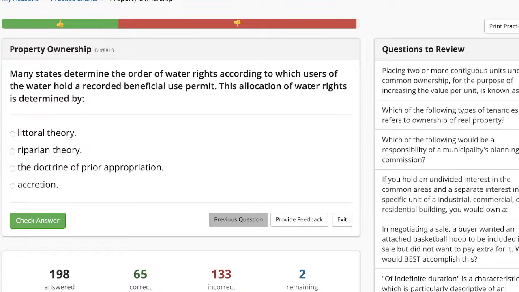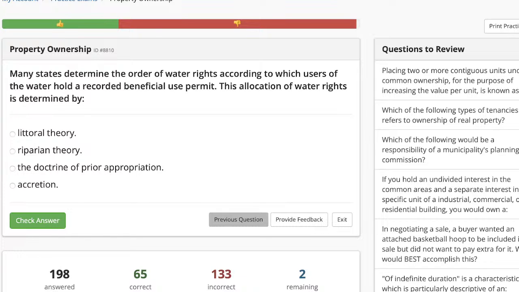So there's 4 types of less than freehold estates you guys need to know for your exam. So estate for years is one. What's the other one? So you have estate for years, periodic tenancy, estate at will, and estate at sufferance, right, guys?